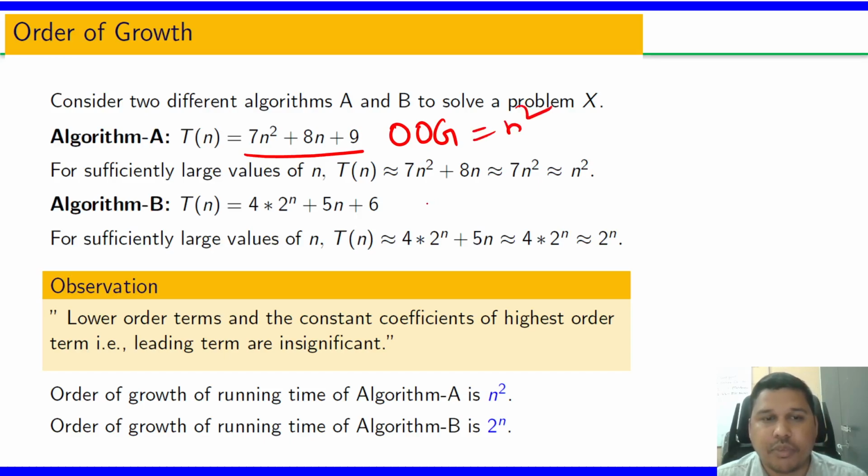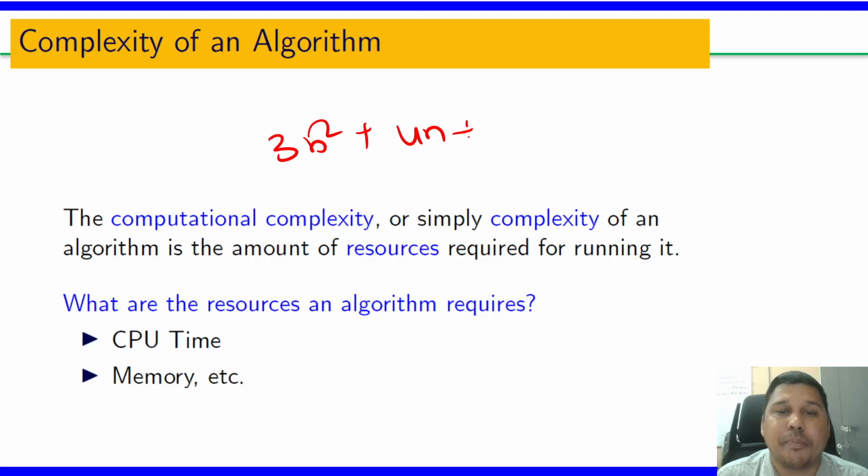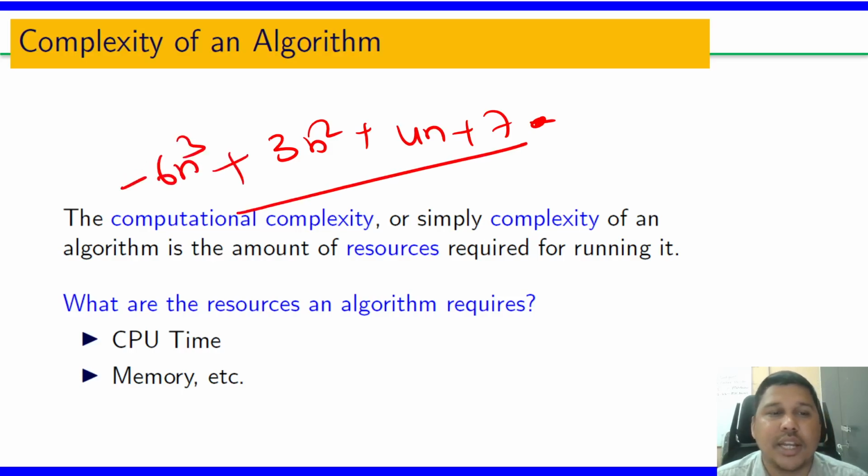What is the rule of order of growth? We are trying to reduce that big equation. Maybe in some problem you may get an equation like this: 3n square plus 4n plus 7, or I may have 6n cube. Like this, I have the running time of an algorithm.